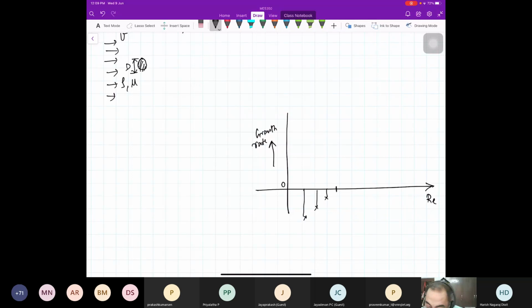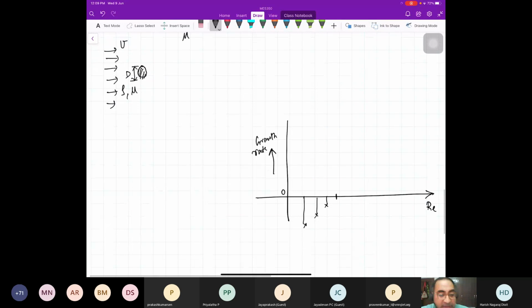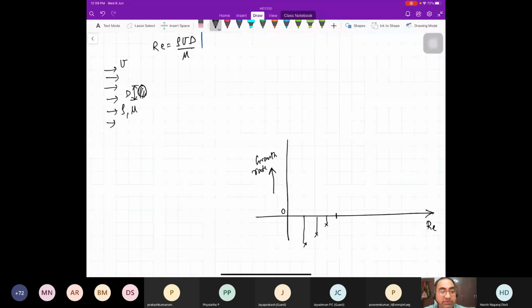Now, you can imagine that very easily. As the Reynolds number becomes very small, what are you doing in the expression for Reynolds number? The viscosity is becoming more, and viscosity inherently is a damping quantity, right? You are increasing damping over inertia. Damping will kill oscillations, so therefore it will die out.